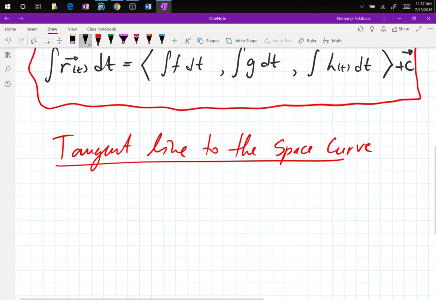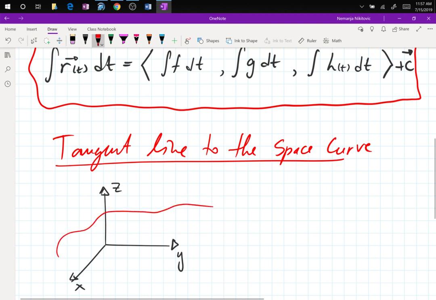So you have your 3D coordinate system, X, Y, Z. We are using the right hand coordinate system. And we have some kind of a flight pattern of a bug. Let's curve it more. There we go.